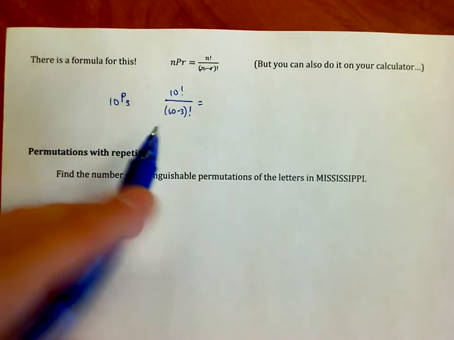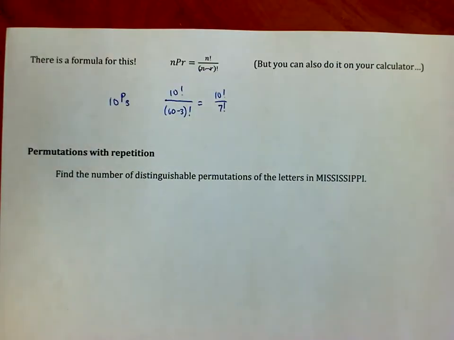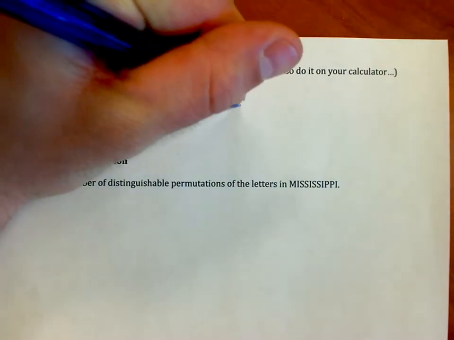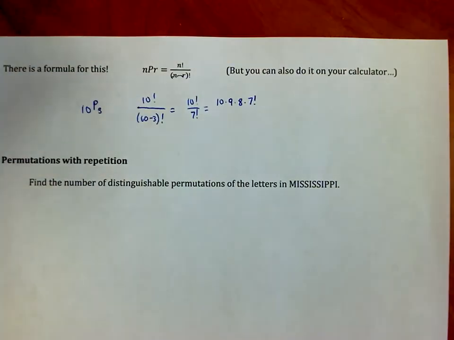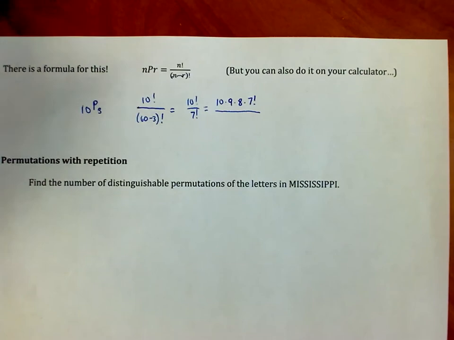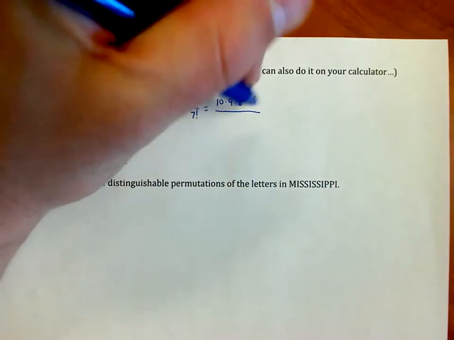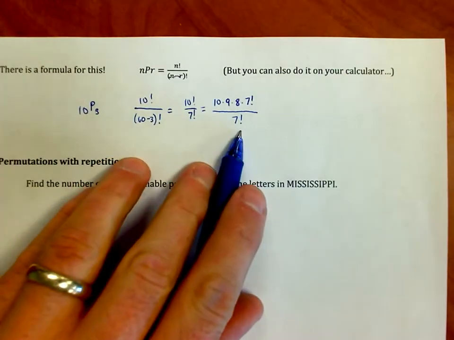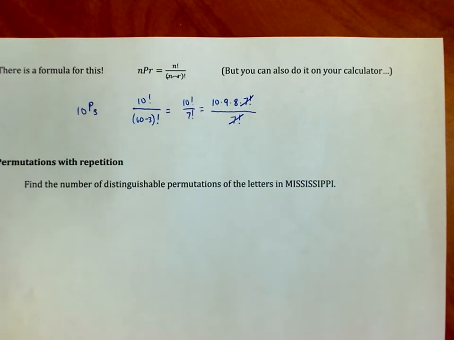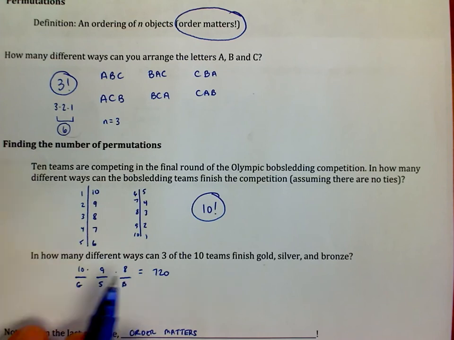The 10 minus 3 would be my first step. That would be 10 factorial over 7 factorial. And if I wanted to simplify that, we did this in class today actually, that would be 10 times 9 times 8 times, and then I'm going to write this out as 7 factorial, 7 all the way down through 1. So that's just my easy way of not having to write the 7, 6, 5, 4, 3, 2, 1. And on the bottom, I have the 7, 6, 5, 4, 3, 2, 1, right? And so those cross out, and I'm left with 10 times 9 times 8, which is exactly what we did, just kind of doing it this way, right? How many gold choices, silver choices, and bronze choices.